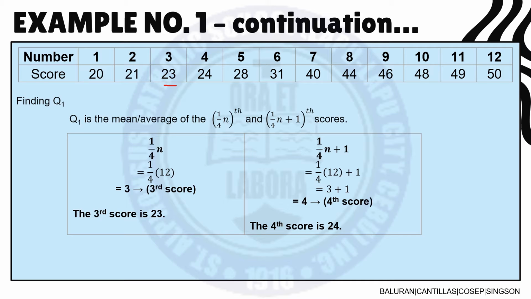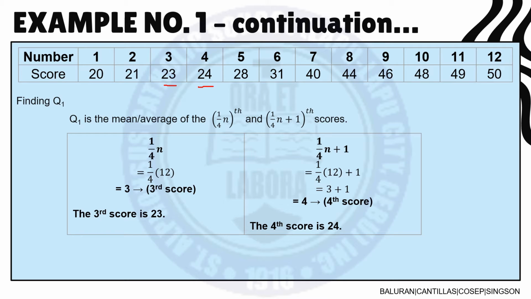Again, apply the PEMDAS rule. We will multiply first 1/4 and n, which is 12. It gives us 3 plus 1. Therefore, it gives us 4 and that is the fourth score. The fourth score from our given data is 24.